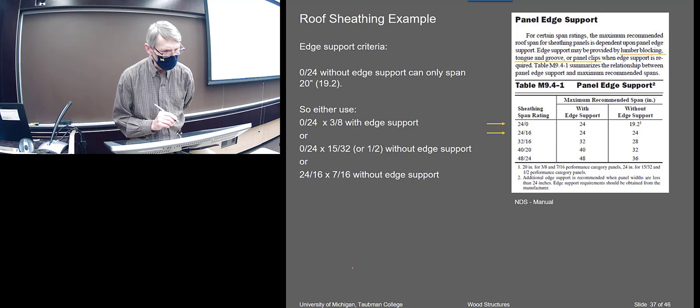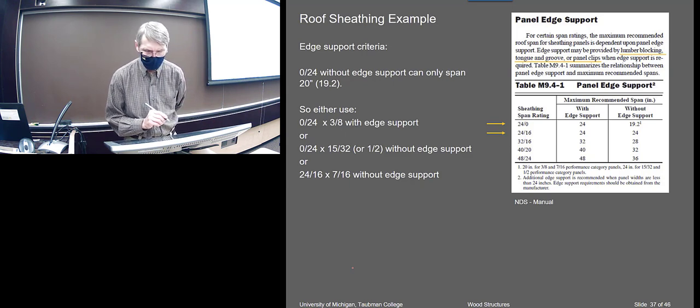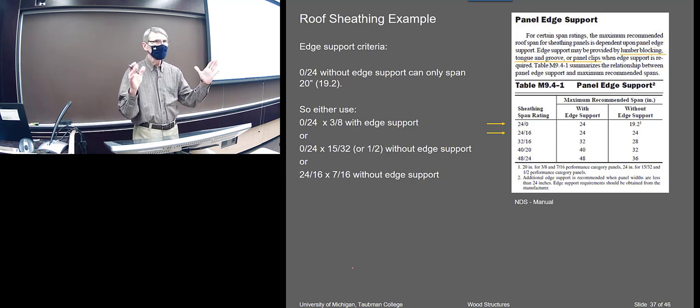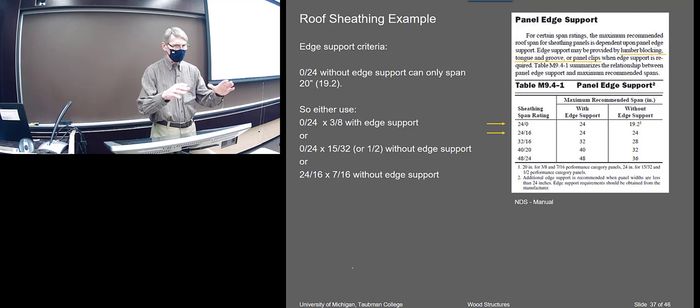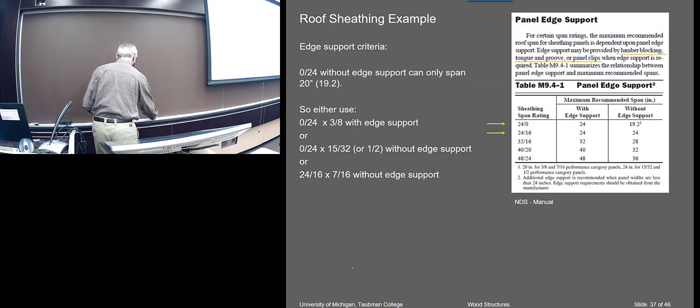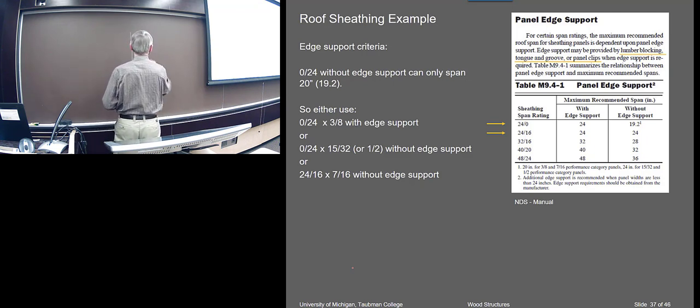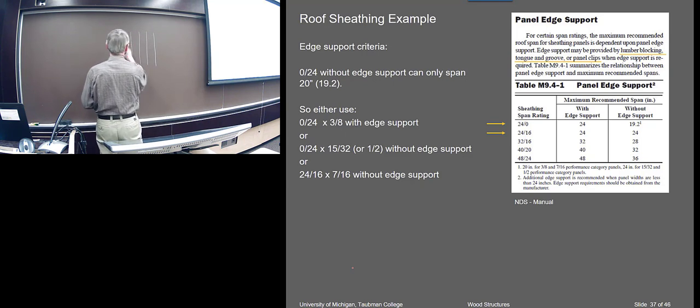Okay, and now we start looking at the details of how it's going to be set up. Blocking, right? I've got the joists, or the rafters rather, running like this, right? And if I put a panel on there, that panel's going to run presumably all the way to the end of one, like that.